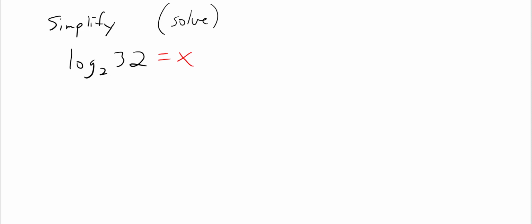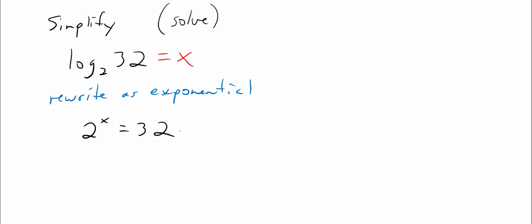So you need that x, and now you're going to rewrite it as an exponential. Let's rewrite that as an exponential. It's 2 to the x power equals 32.